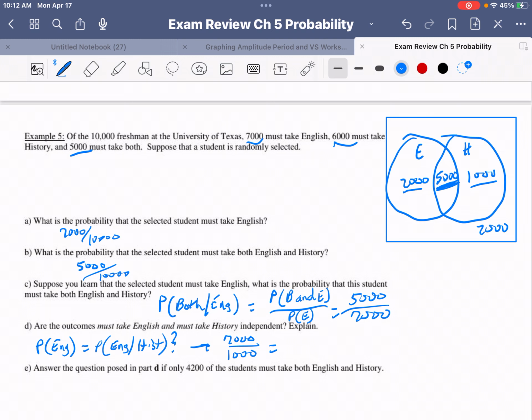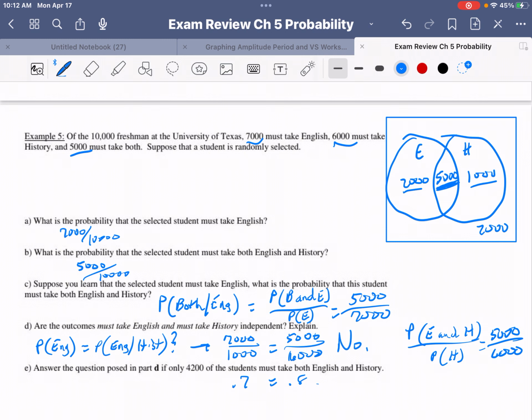The probability of English and history over the probability of history is 5,000 over 6,000. If I see that 0.7 does not equal 0.8 something, then the answer is no, because they're not equal.